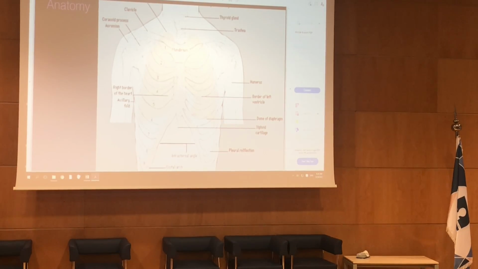The right atrium, the right ventricle, the left ventricle, which forms the apex of the heart, the left atrium, and actually what forms this margin is the left atrial appendage, and the pulmonary artery, and then there is the aortic knob.